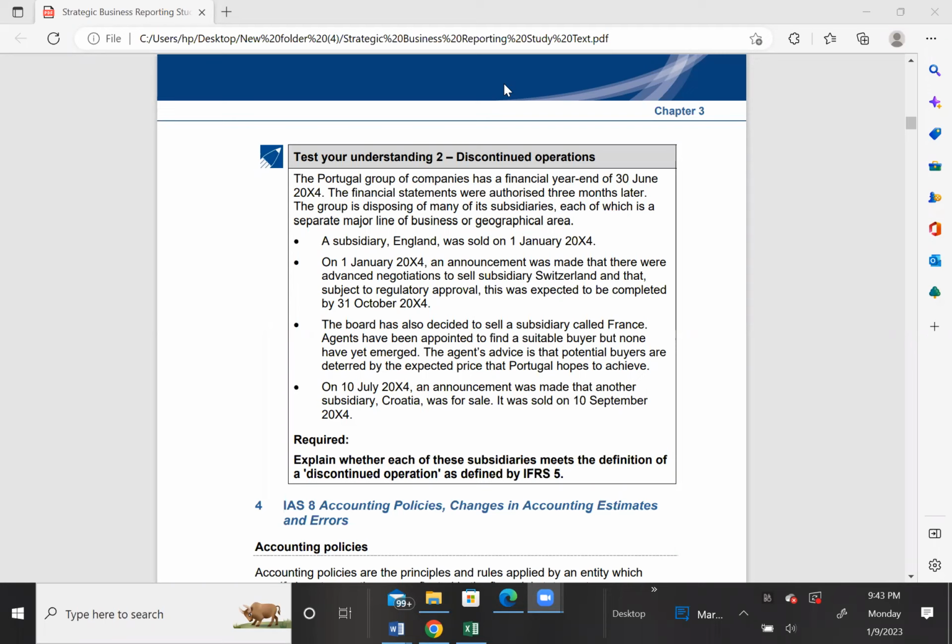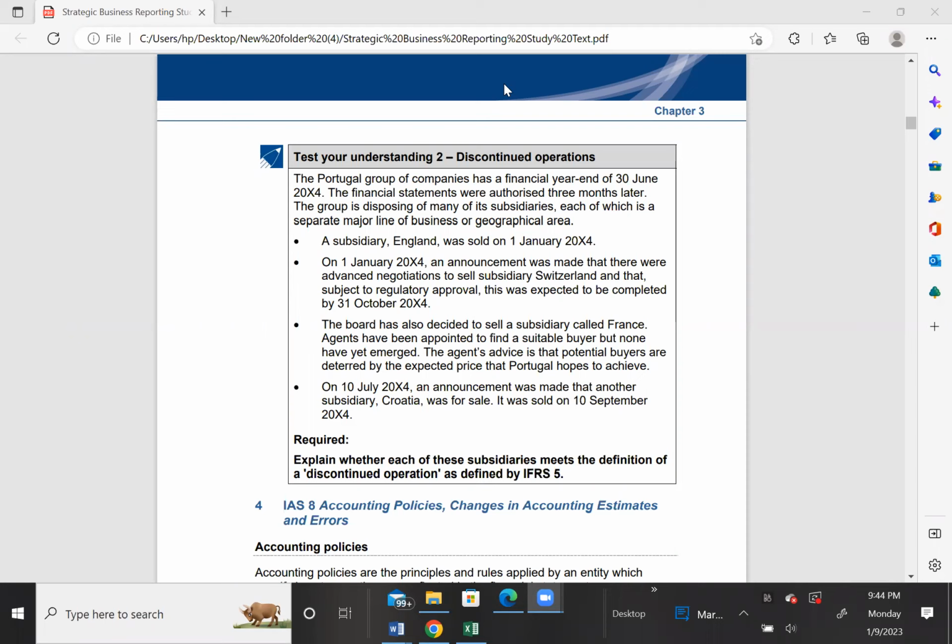Number two, on 1st January X4, an announcement was made that there were advanced negotiations to sell a subsidiary in Switzerland, subject to regulatory approval. This was expected to be completed by 31st October X4. Now, this is not a discontinued operation because it is not available for sale immediately, because there are negotiations going on at an advanced level, but it is subject to regulatory approval.